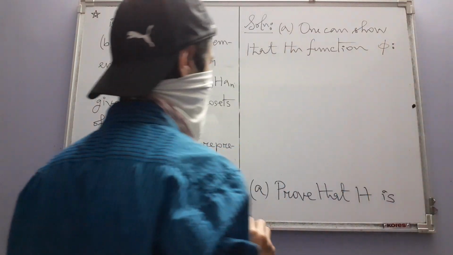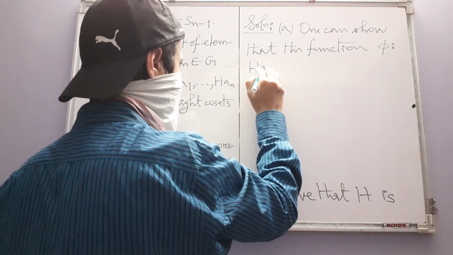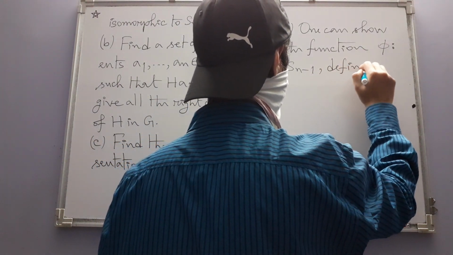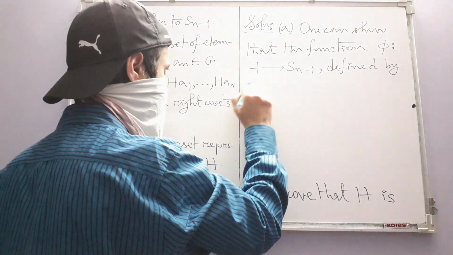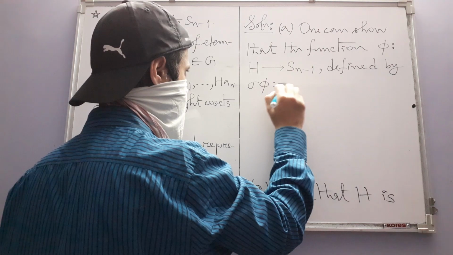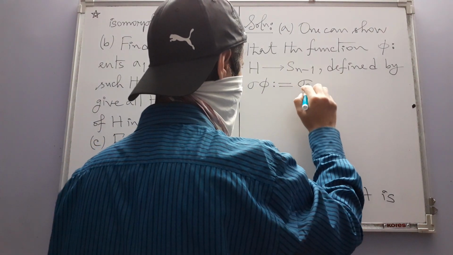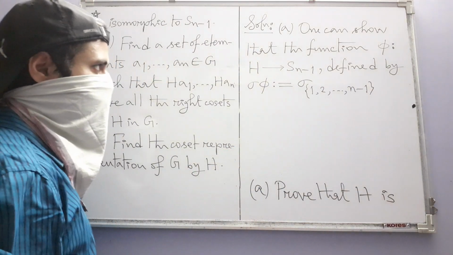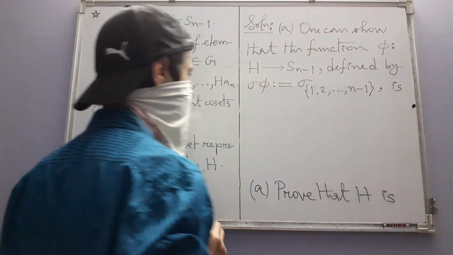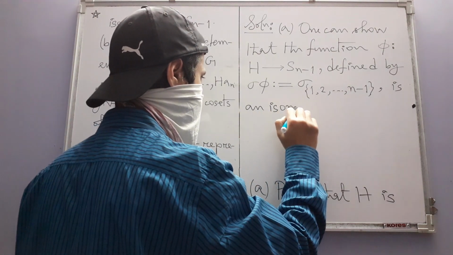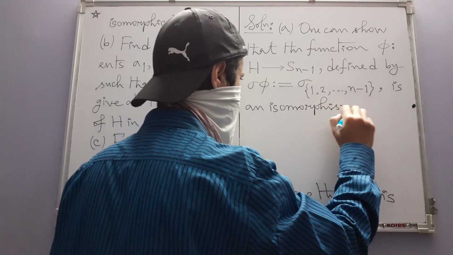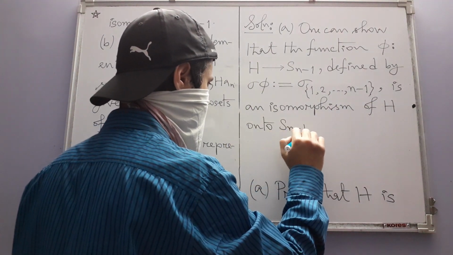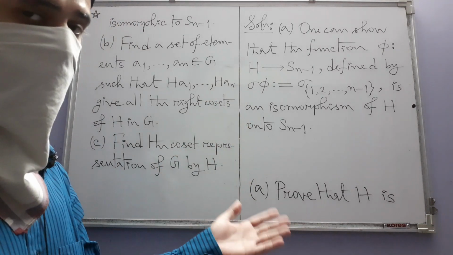So phi from H into Sn minus 1 defined by sigma phi to be sigma restricted to 1 up to n minus 1 is an isomorphism of H onto Sn minus 1. Now there are some things I should explain here.